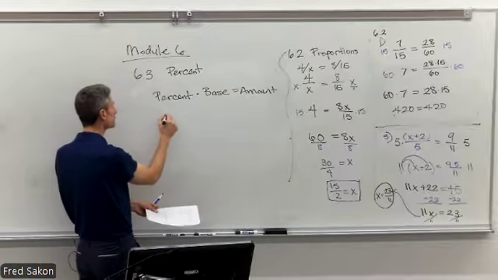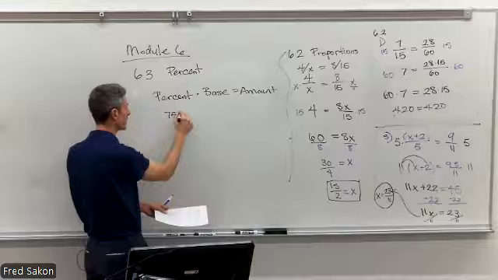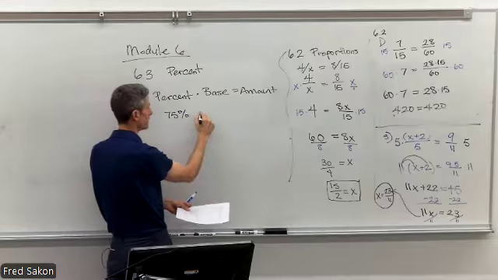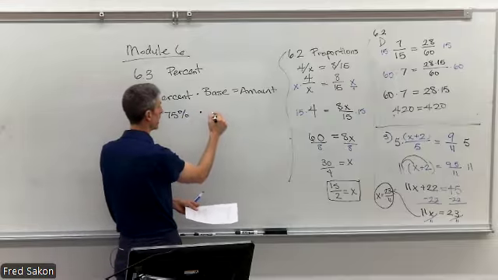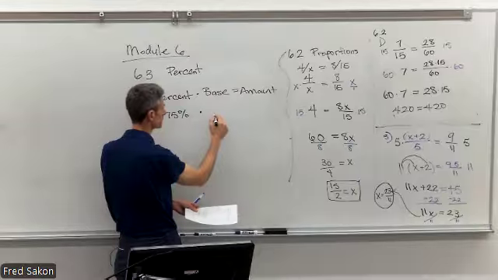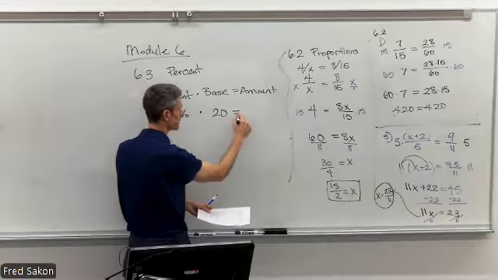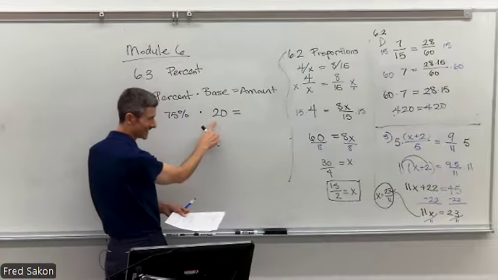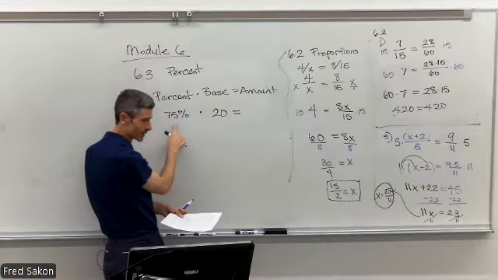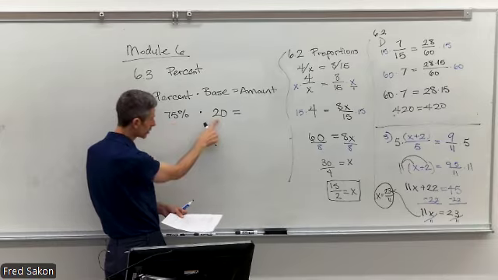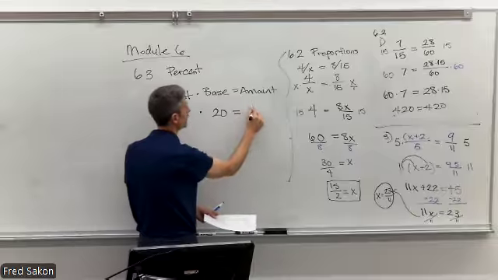For example, 75% of 20 is what? 20 is easy to cut up into quarters, right? This is 3/4. So 1/4 of 20 is 5. 3/4 of 20, that's 15.